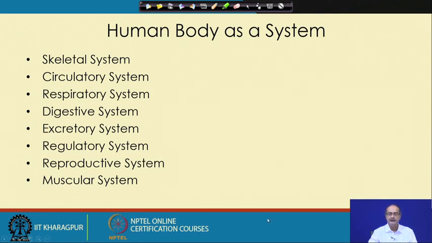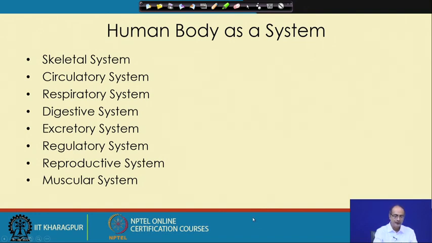To understand that better, we would like to go through the constituent subsystems which make it possible for the human body to act as a system, and each one of them is also a system in its own right.